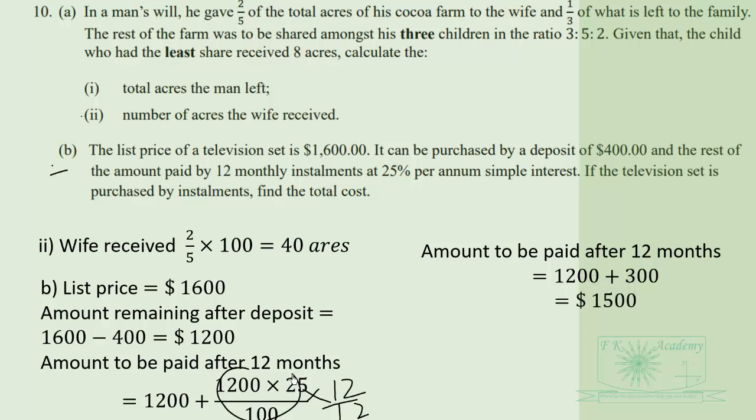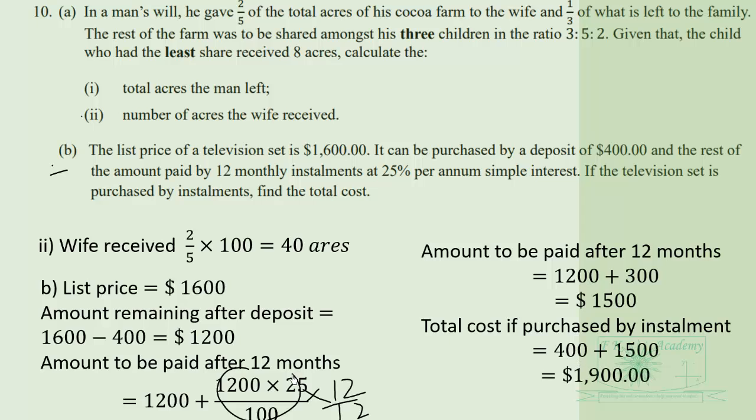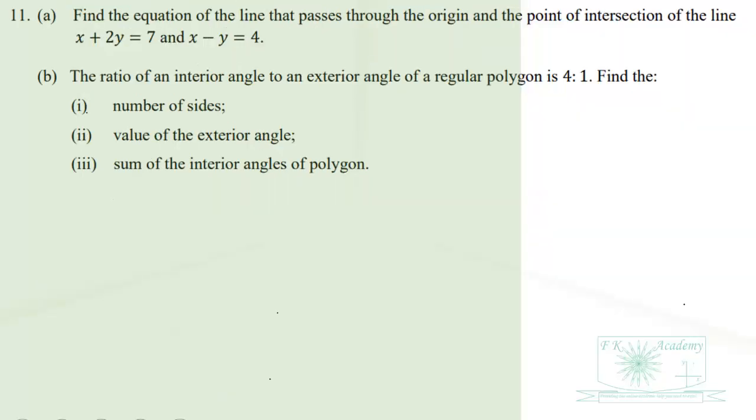So that is the amount you pay after. Instead of paying 1,200, you pay 1,500. So in total, you are paying 1,500 plus the 400, and that will be equal to $1,900.